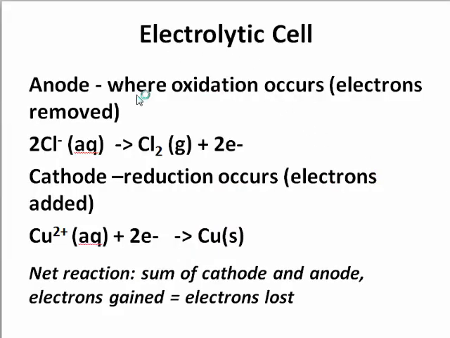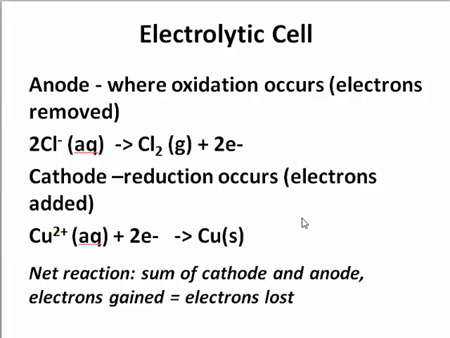Okay, so again, the anode is where oxidation occurs, or electrons are removed in this case. We can write a redox half reaction for this: 2 chlorides goes to chlorine, producing 2 electrons. The cathode is where reduction occurs. Electrons are added. Here copper cations are meeting with electrons to form copper solid. The net reaction is the sum of the cathode and the anode.